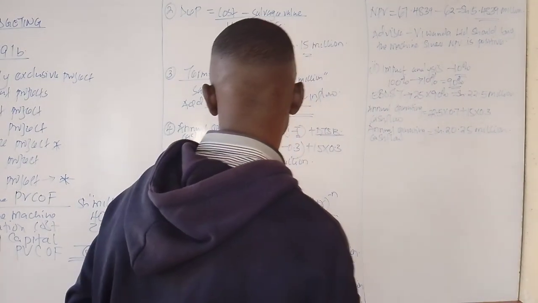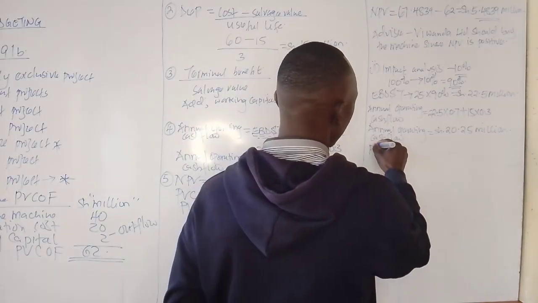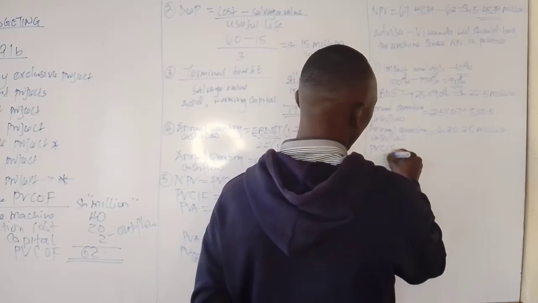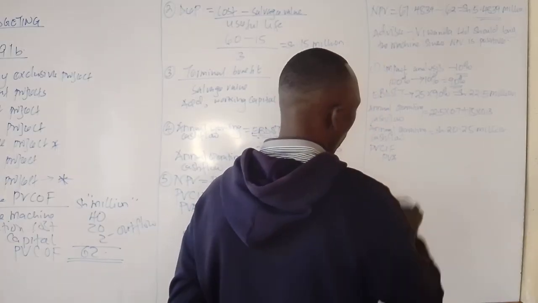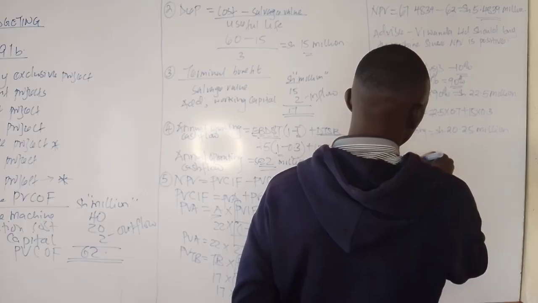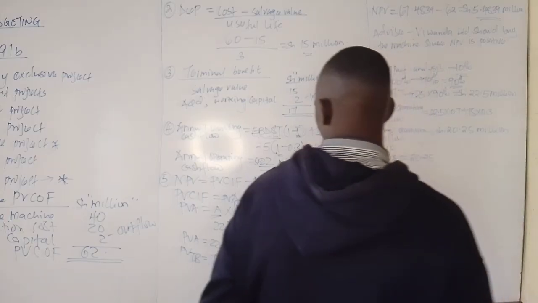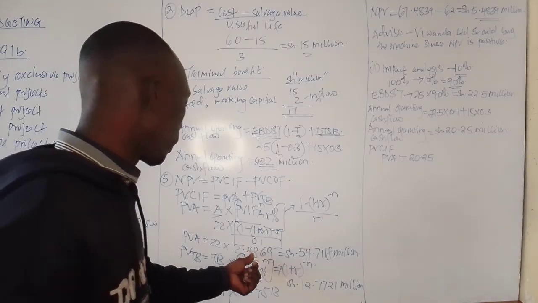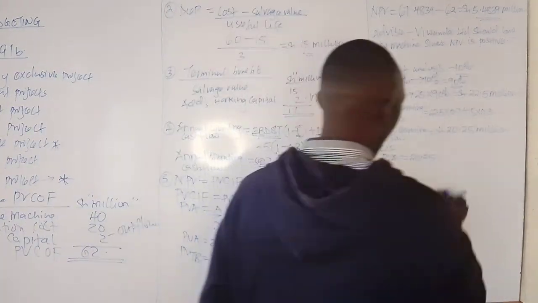Once you have that, now you can get the present value of cash inflow, whereby we said we will start by getting the present value of annuity. Our annuity is 20.25. The annuity factor again will not be affected. It will be 2.4869.